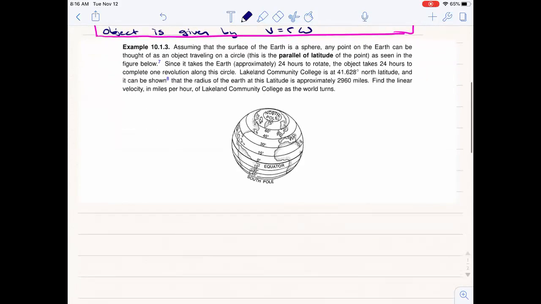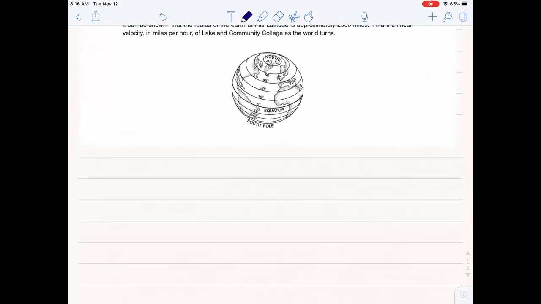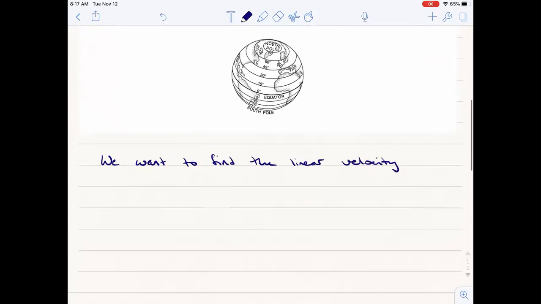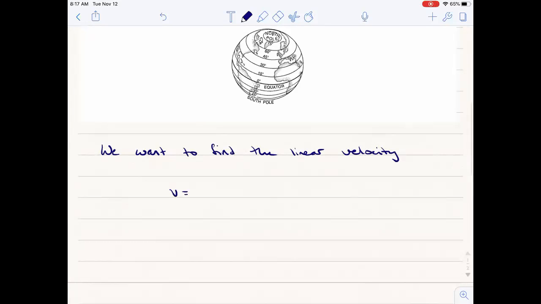Let's make some notes here. We want to find the linear velocity, and the linear velocity v is r times omega.